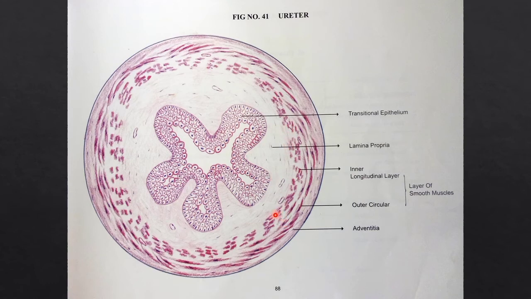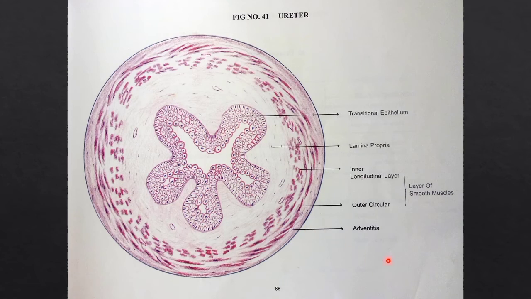And sometimes, if the pelvic part of the ureter has been taken and made into a slide, you can identify three layers of smooth muscle cells: outer circular, inner circular, and middle longitudinal. We can see this if the ureter has been taken from the pelvic part.